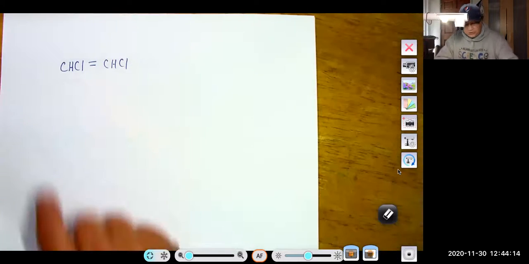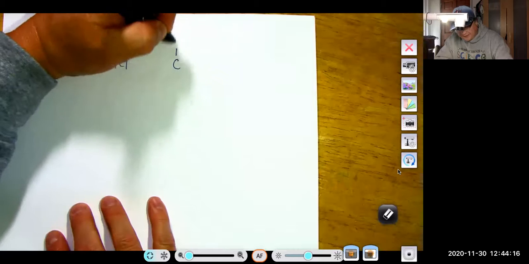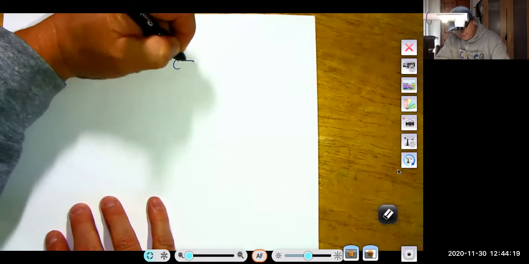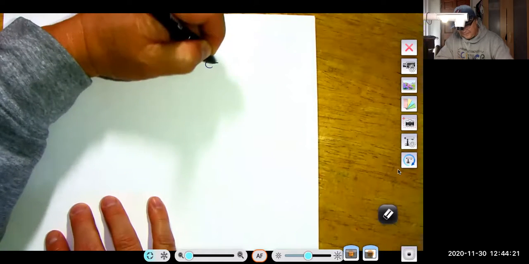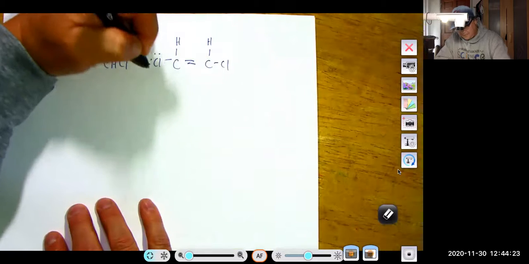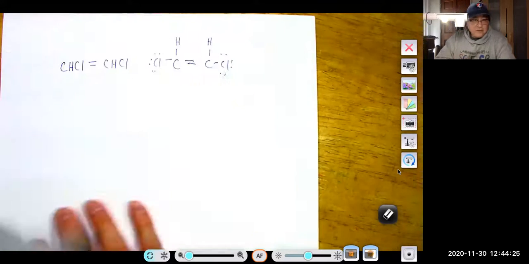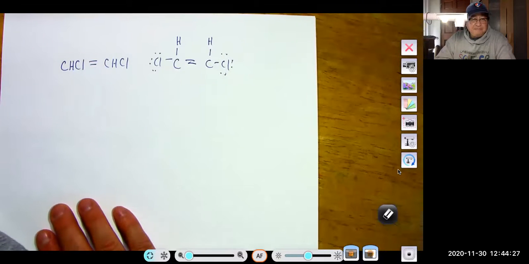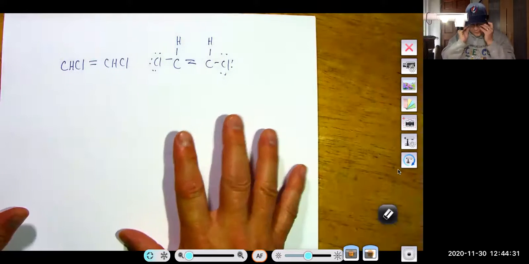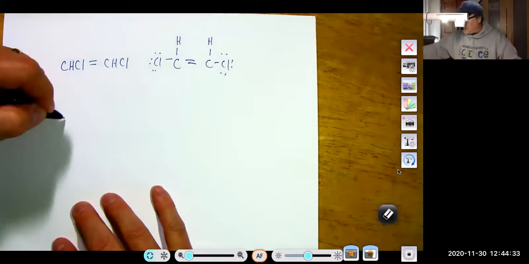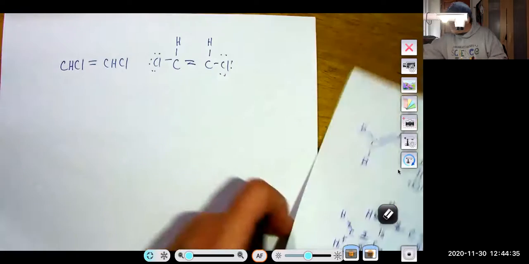So if we draw the Lewis structure, we'd get something like this. You guys okay with that? Now, if we draw this, we could draw it 2 ways. Oh, I do want to go back to this.